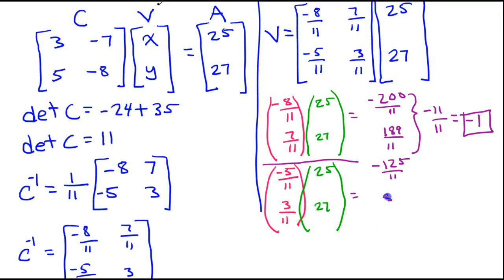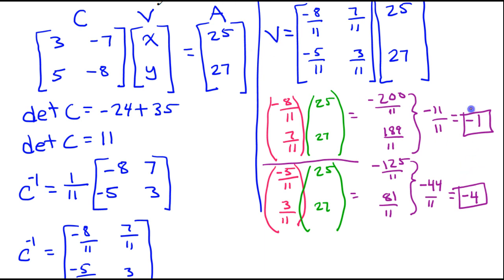So that's going to be 81 elevenths. Let's add them up and see what we get. Well, that turns out to be negative 44 elevenths, which of course equals negative 4. Alright, so these are the two elements of the variable matrix that we get.